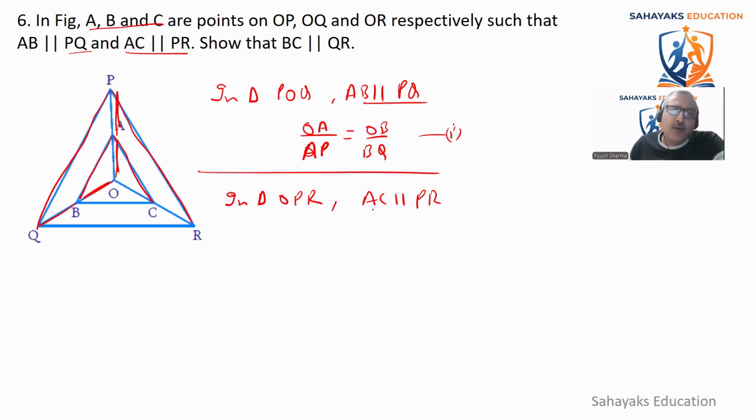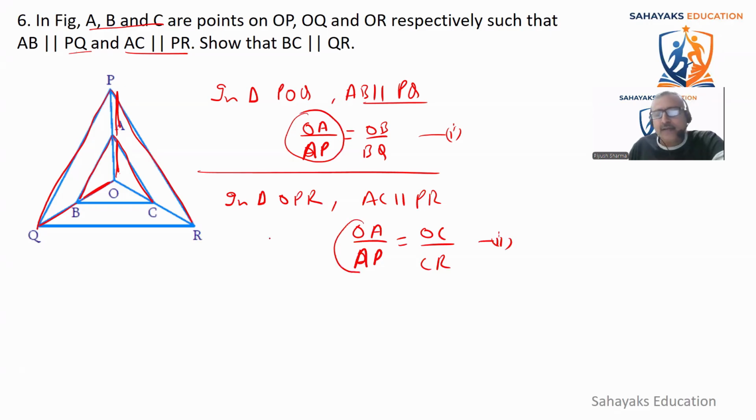And because AC is parallel to PR, OA divided by AP is equal to OC divided by CR. Now see, it is OA divided by AP, and here also it's OA divided by AP.